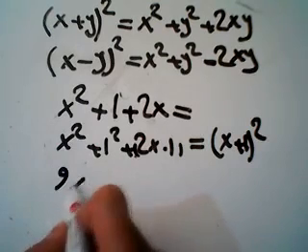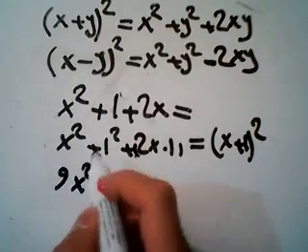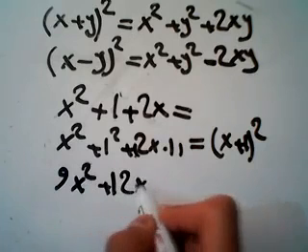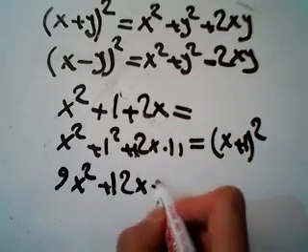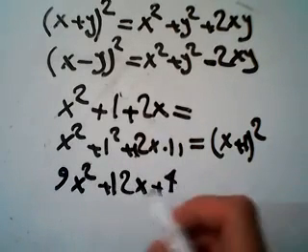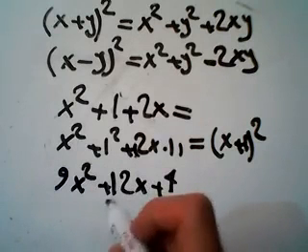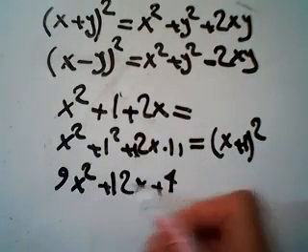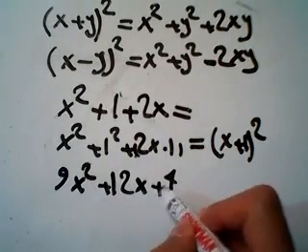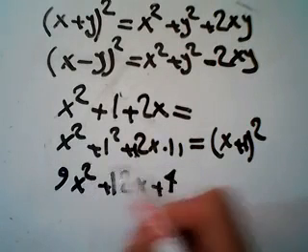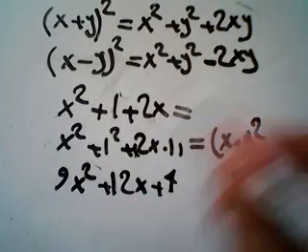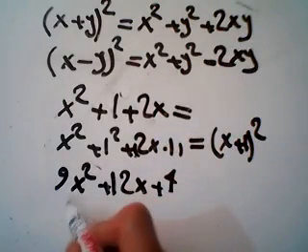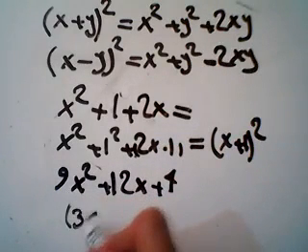Or another example: 9x squared plus 12x plus 4. Now, let's check if it is in the form of this. Write it as this is 3x squared.